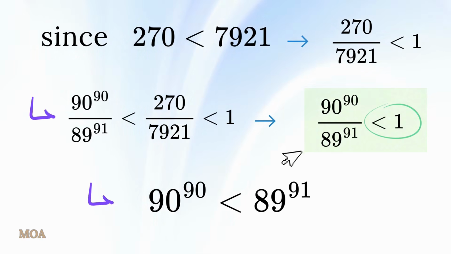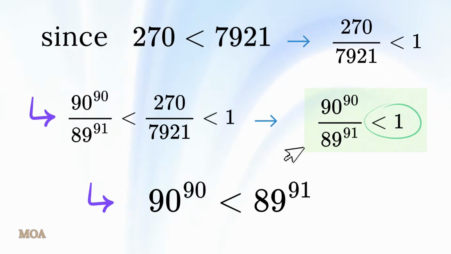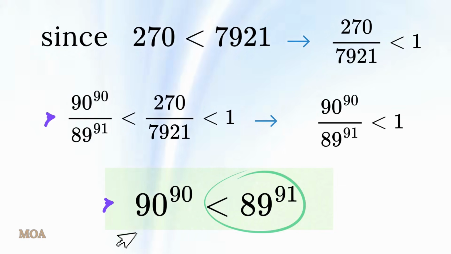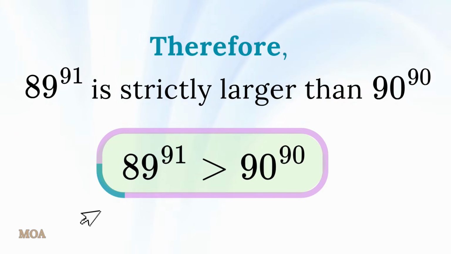Since a ratio less than 1 means the numerator is smaller than the denominator, this directly implies 90 to the power of 90 is strictly less than 89 to the power of 91. Therefore, we have conclusively proven that 89 to the power of 91 is strictly larger than 90 to the power of 90.